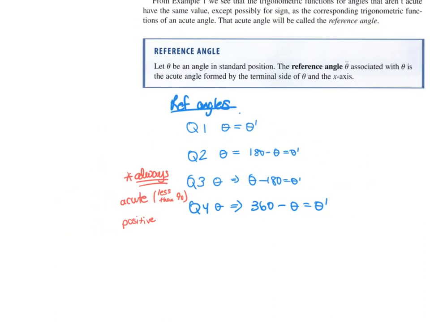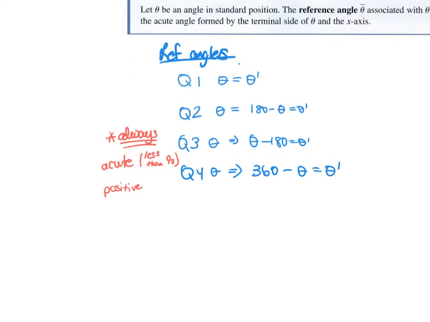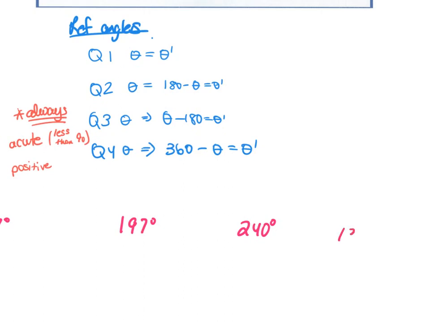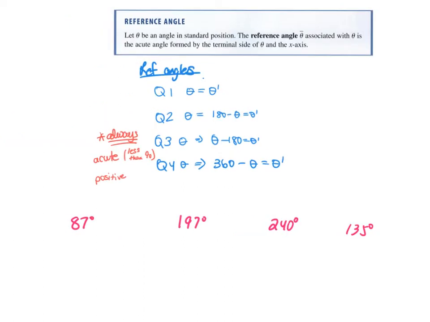So let's say they said to me, given the angle, let's do some. Here, let's do these examples. This is how you find reference angles. Okay, 87 degrees.